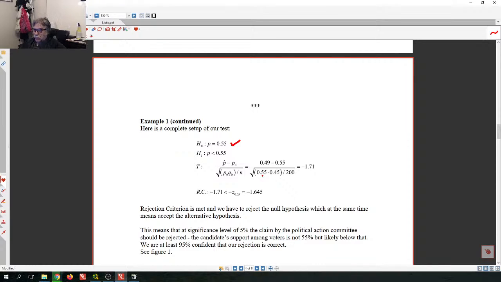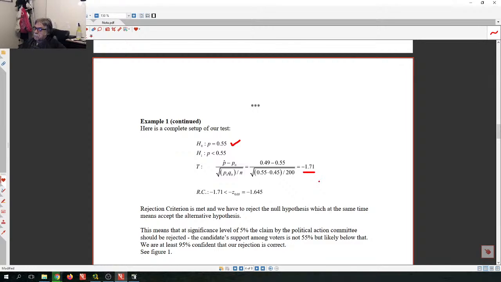Remember, you always have to use decimal numbers, not percentages, in your calculation. And 200. So you multiply these two numbers, divide by 200, and take a radical. That's the denominator. Then you subtract 0.49 minus 0.55, which is negative 0.06, and divide that by whatever you have on the bottom. I ended up with a calculation result of negative 1.71.